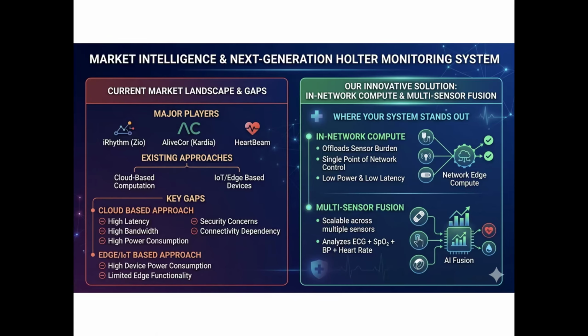Coming to AliveCore, they're using an edge or IoT-based approach. That means each and every device has its own compute. The advantage of this approach is better latency, but the downside is it consumes a lot of power. So coming to our solution, it's in between.